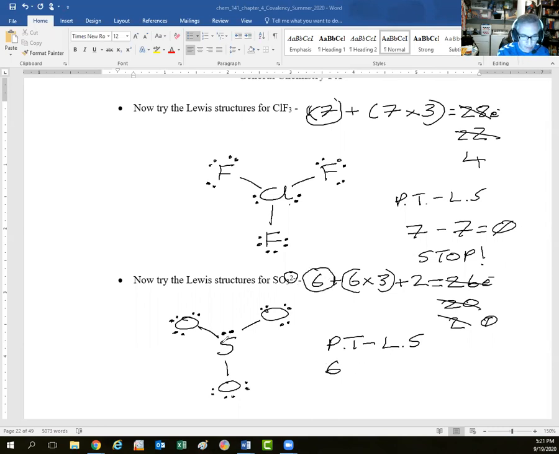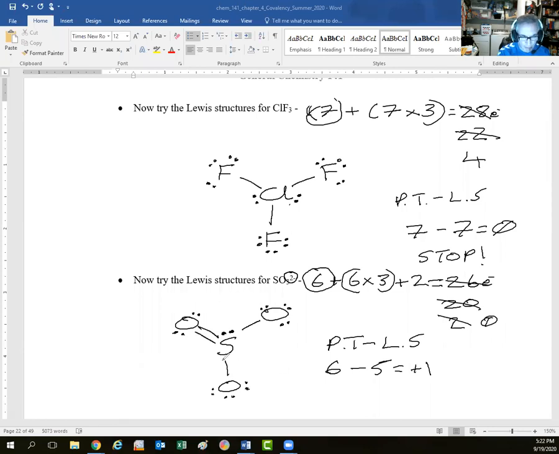And from the Lewis structure, 1, 2, 3 of the 6 bonding electrons, then the lone pair, that gives us 5. We've got a formal charge on the sulfur. So that means that we need to turn a lone pair from one of the oxygens, any one will do, into a bonding pair.